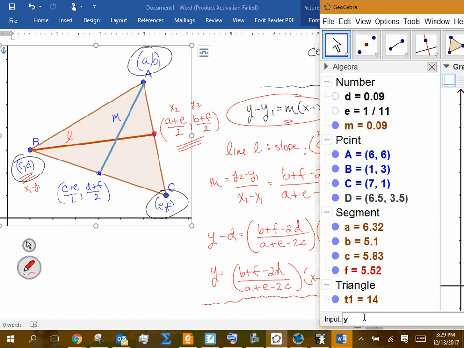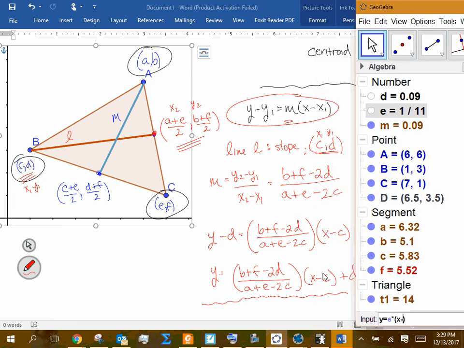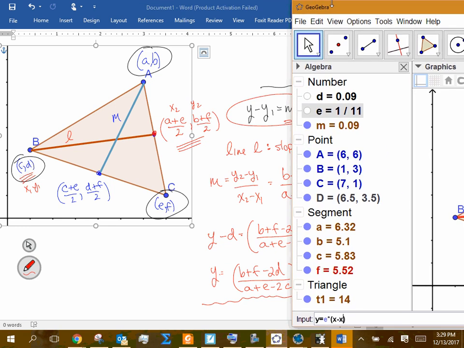So I'm going to go y equals, I think it's going to reference that, yeah, it is referencing that e. Then times x, I'll just let x be x, minus c, but c was the x coordinate of b, so it's going to be minus the x coordinate of b.